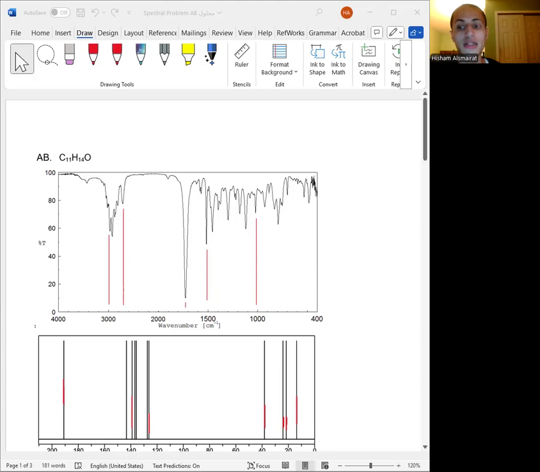And I always check the 1850 to 1600 region for carbonyl. And as we see, there's a very strong band at 1710, which fits an aryl conjugated aldehyde. I entered 1710 and wrote CO double bond stretch of aldehyde.